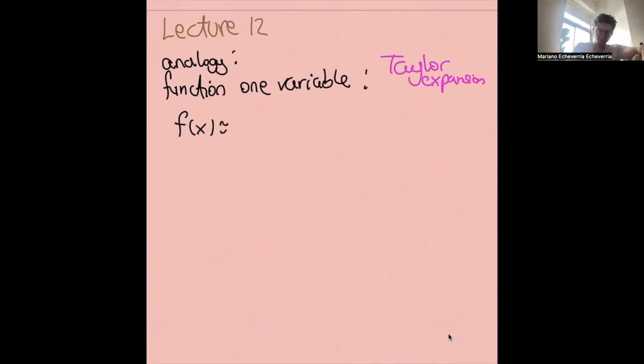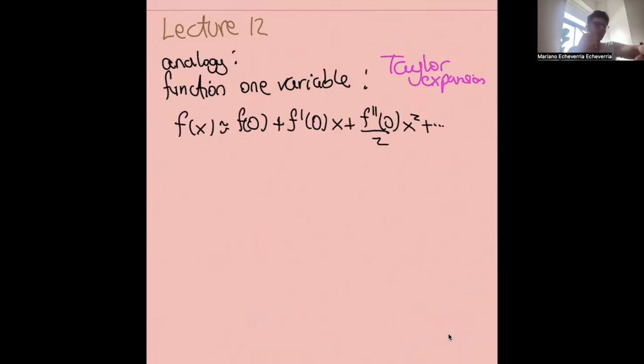So the Taylor expansion is f of zero plus f prime of zero times x plus f double prime of zero divided by 2 times x squared. The next term was with 3 factorial, which is 1 over 6: the third derivative evaluated at 0 over 6 times x cubed.